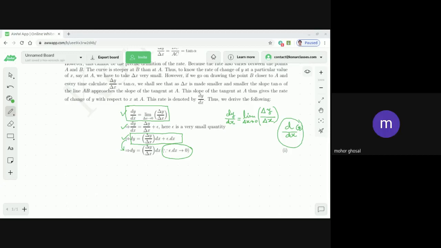Now, if you look at equation 1, dy is equal to delta y by delta x into dx. From this equation 1, we see that if the function y increases with an increase in x, dy dx is positive. Correct or not?